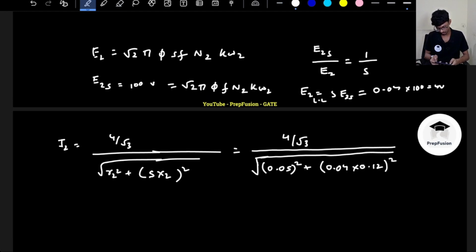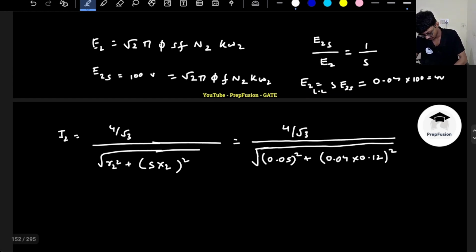It comes out to be 45.97, almost 46 amperes. So I2 in running condition comes out to be 46 amperes.